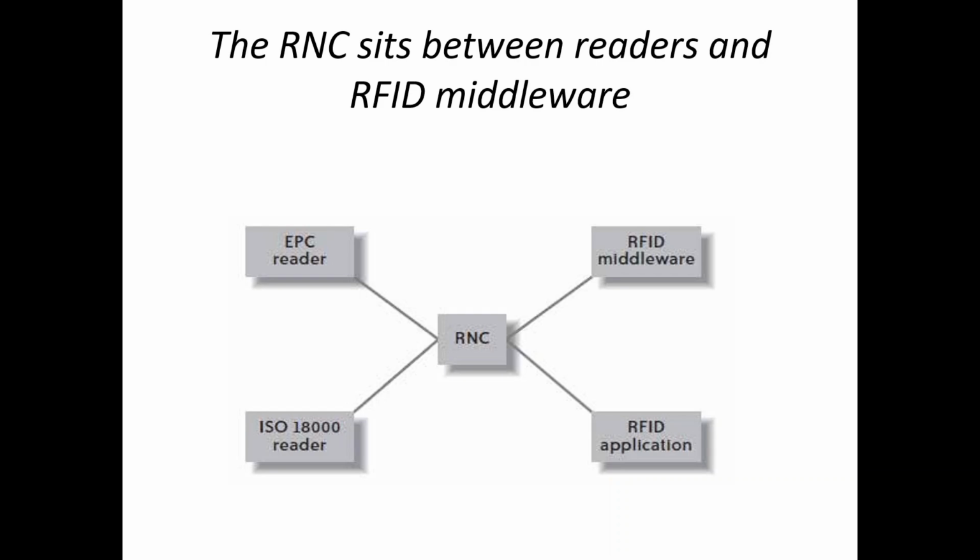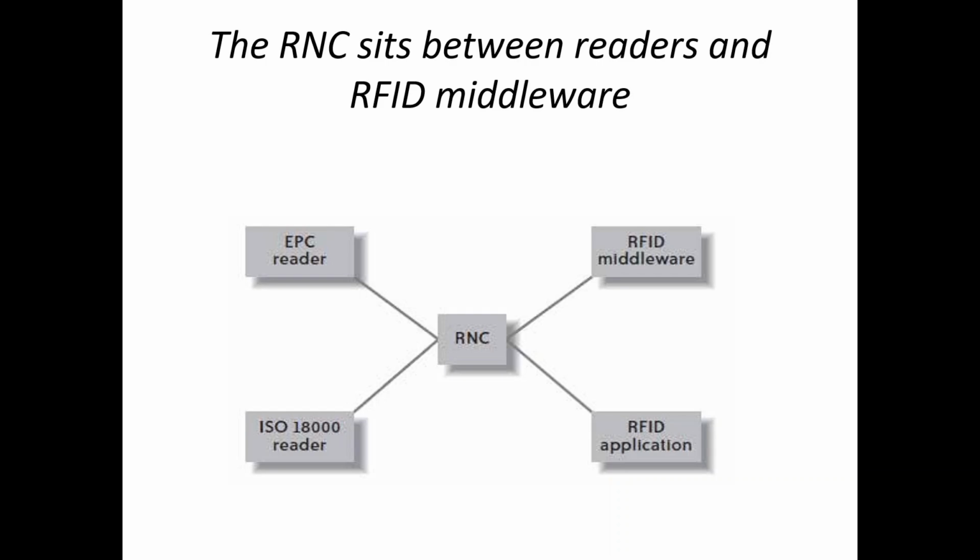Why is RNC needed? In large systems there may be dozens or hundreds of RFID readers. Sending all raw tag reads directly to middleware would cause high network traffic, duplicate reads and unnecessary processing load.